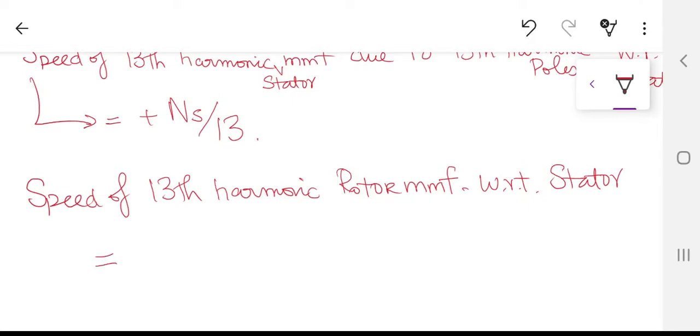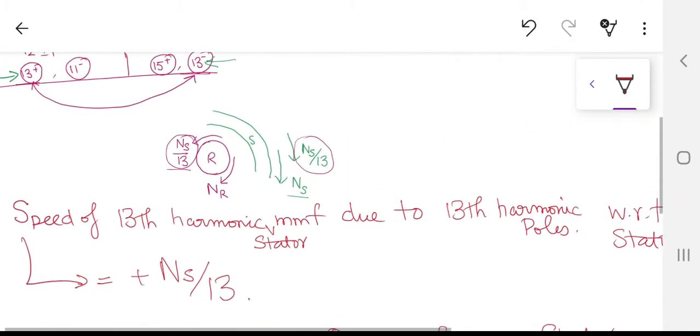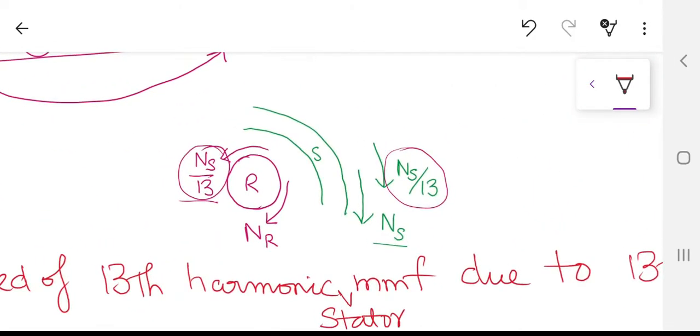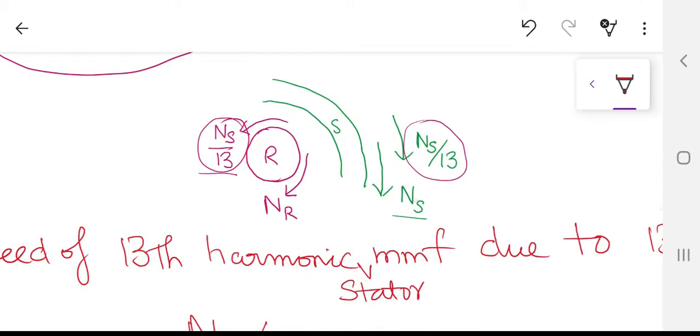First of all, I have to find out the speed of the 13th harmonic MMF with respect to rotor, and then add the speed of the rotor. But before that, let me focus on this diagram. What happened inside this one? There was an ns. This ns produced nr because of the induction phenomena inside this machine.